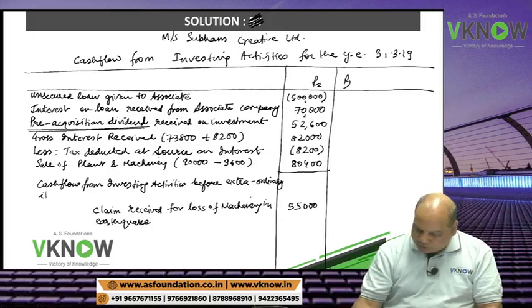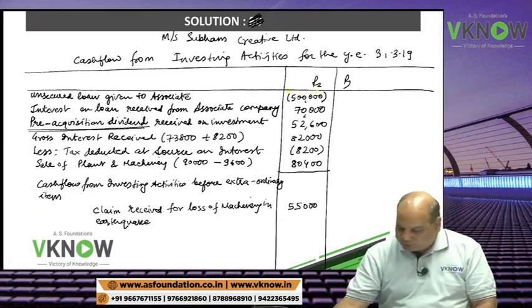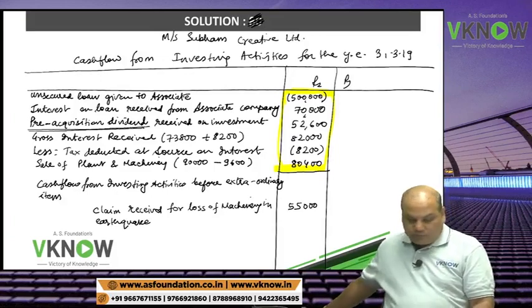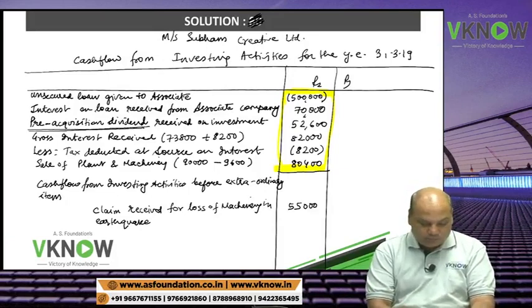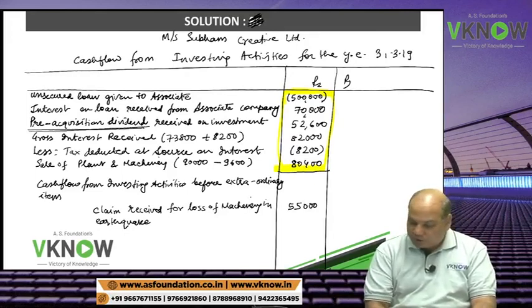So the student will take out his calculator and take the total of these 6 items. So that will give me cash flow before extraordinary item. Okay. So please try and give me the total before extraordinary item.